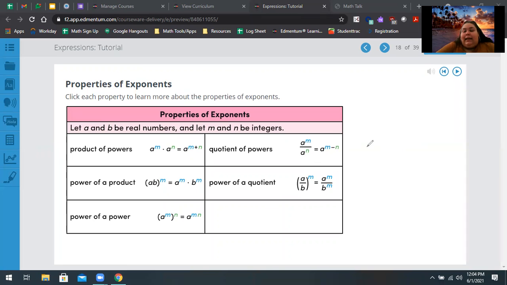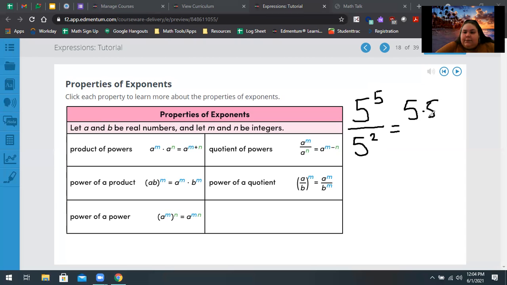So again, let me go ahead and write this in numbers. Let's say this is 5 to the 5th power, and let's say this is 5 to the 2 power. So what we're going to do here is, we can write it the long way. It's not always my preference, but we're going to do it the long way, and we'll see the shortcut after, meaning that property.